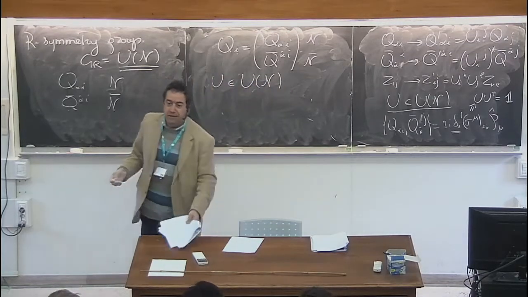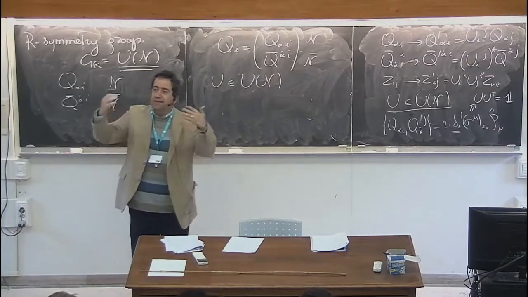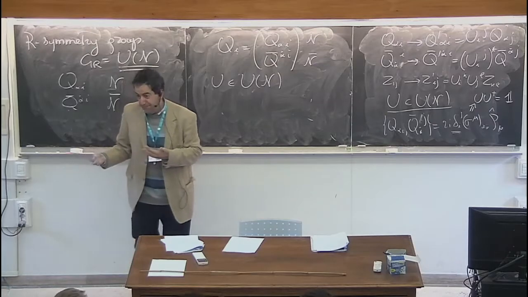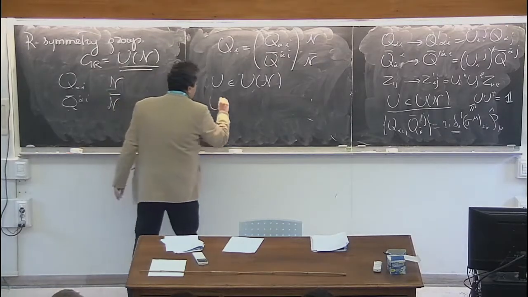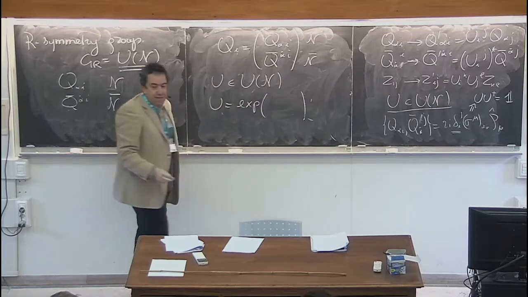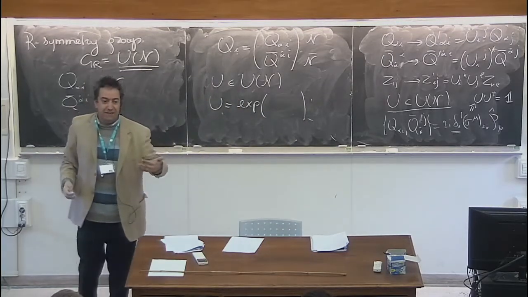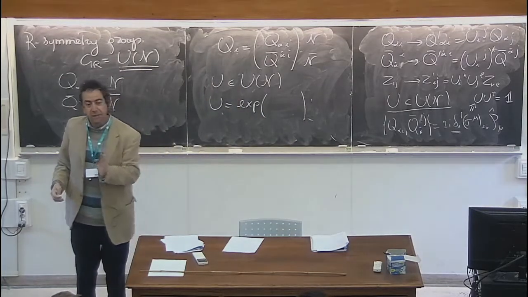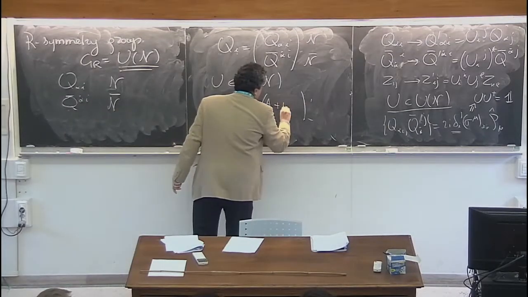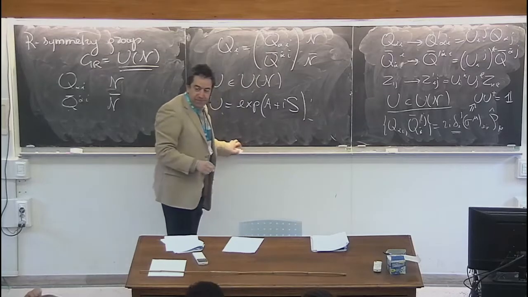A unitary matrix, you teach me, is the exponential of an anti-Hermitian matrix. An anti-Hermitian matrix is an antisymmetric real matrix A plus i times a symmetric one, S.